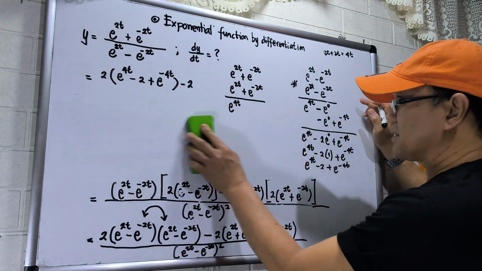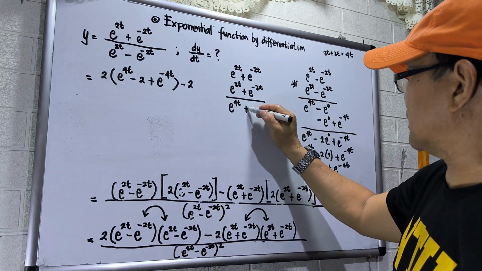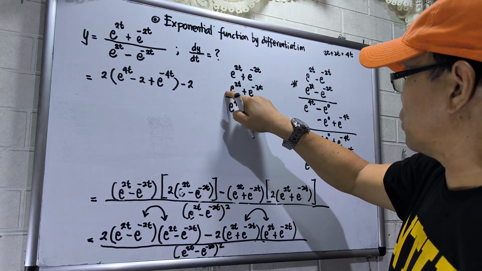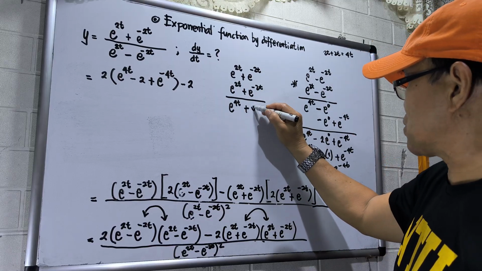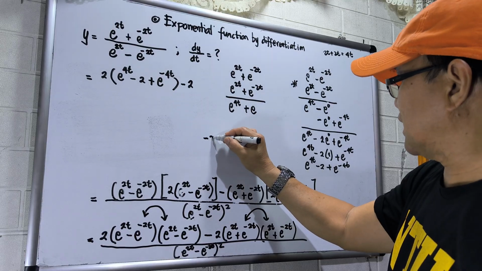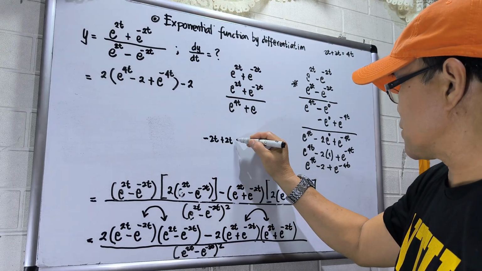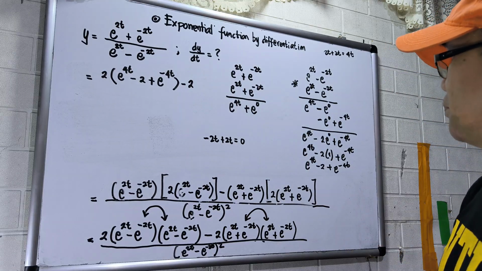Okay? Next, this one, positive, right? This one, e to the 2t times positive e to the negative 2t. So, this will be e to the 2t plus negative 2t. So, this will be 0. So, this will be e raised to 0.